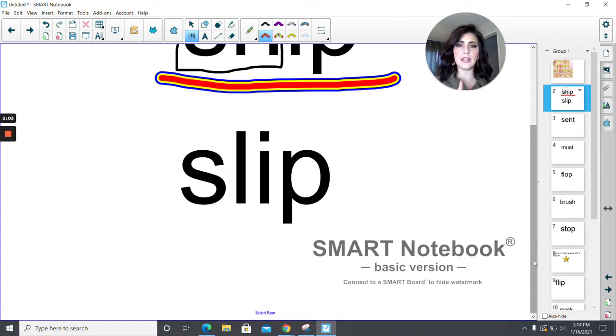They are not glued, they just blend. So we are going to say ip, slip. And then they just kind of blend right together. So I'm going to make 4 separate sounds for the S, the L, the I, and the P, okay?